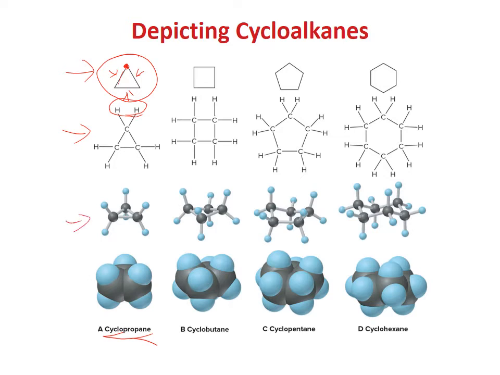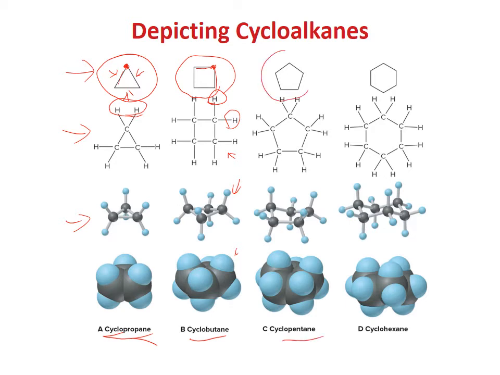And this is the ball and stick model, which is better to show the angles of those bonds. The next one is cyclobutane, 4 carbons, so butane, and it's a ring, so cyclobutane. Again, this carbon has 2 bonds, so you need to add 2 hydrogens. This is the expanded formula, then the ball and stick model and the space filling model for cyclobutane.